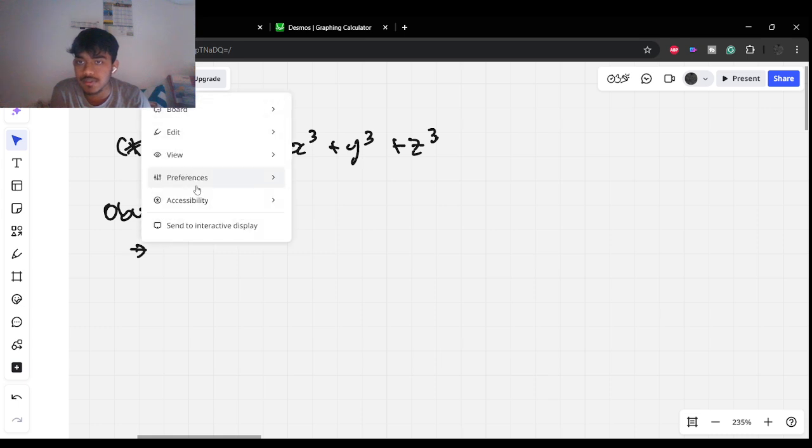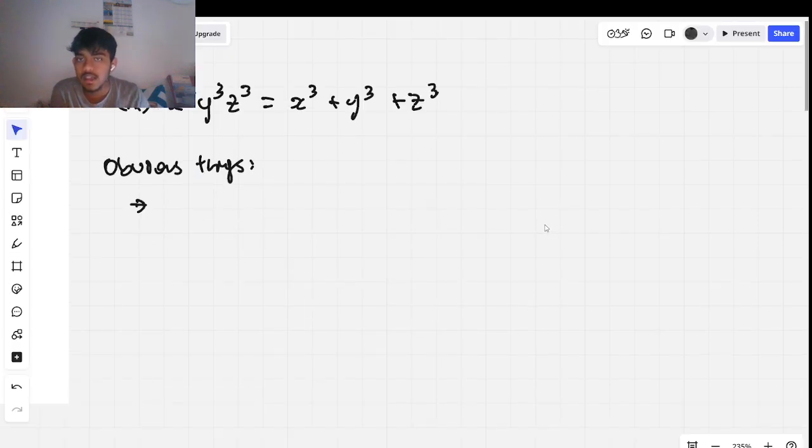Wait, let me make this full screen. Permutationally symmetrical, is that a thing? I'm not sure. I have to check. But yeah, you can change around x, y, and z, and your expression wouldn't change.